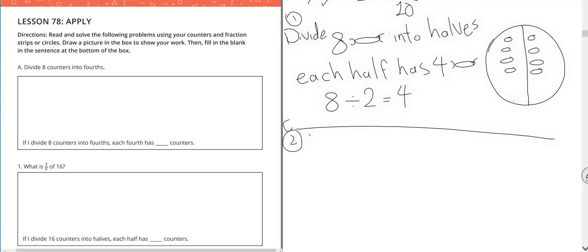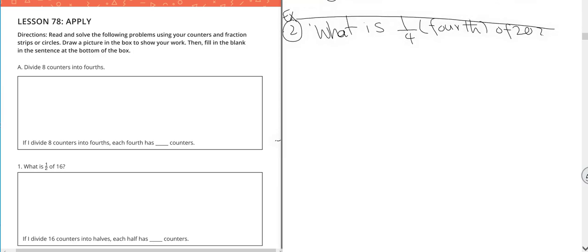Example number 2. What is a fourth of 20? We know that 1 whole equals 4 fourths.